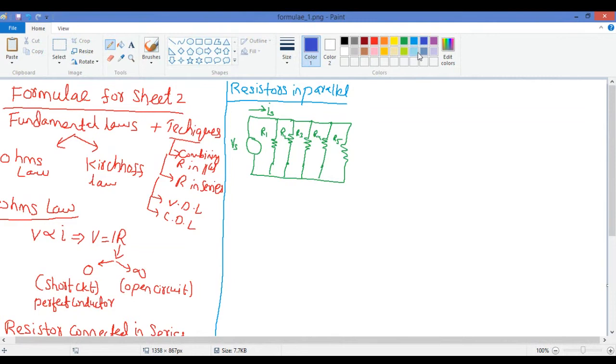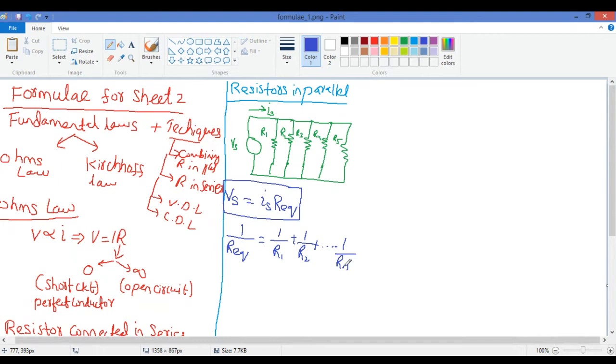Here also we apply Ohm's law. According to Ohm's law, V is equal to I into R, where R is R equivalent. But here the value of R equivalent will be different, because all the resistors are connected in parallel. You will not get R equivalent by simple addition; you get it by this formula, which is already proved in the theory: 1 by R equivalent is equal to 1 by R1 plus 1 by R2, and so on.